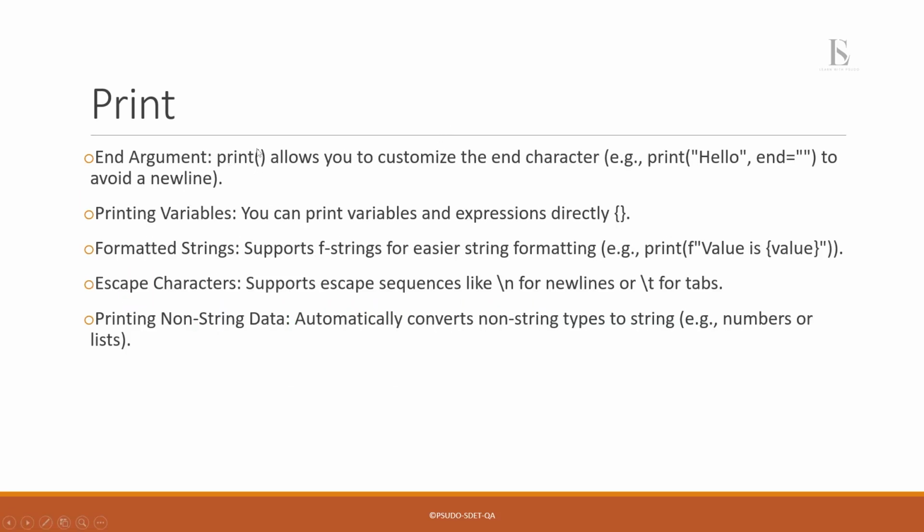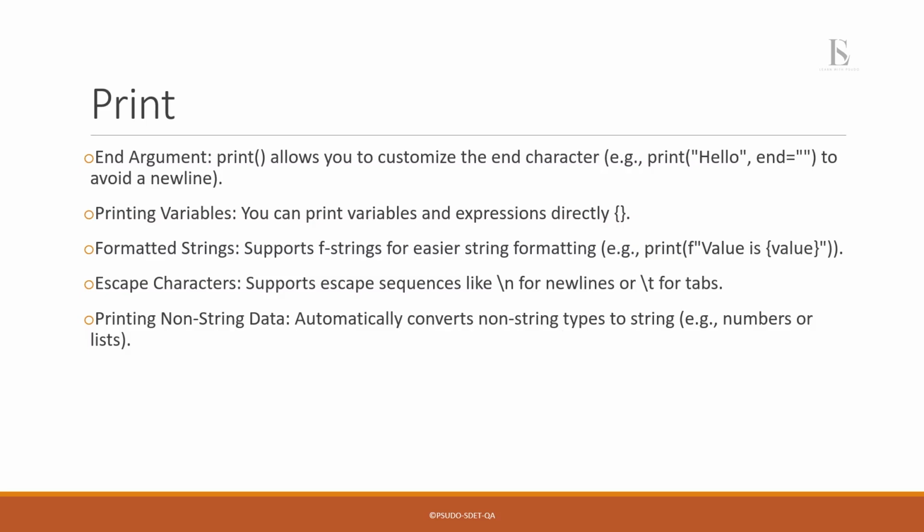Okay. Next, we have print. Write the print statement with open and close round brackets. Then we can directly print variables inside the print statement, inside the double quotes, using curly brackets. To format a string, we have used multiple approaches, but F-strings are the easier approach that we should follow. Now we have backslash n and backslash t, and whenever we try to print something which is of non-string type, Python automatically converts it to a string type and then prints it, right?